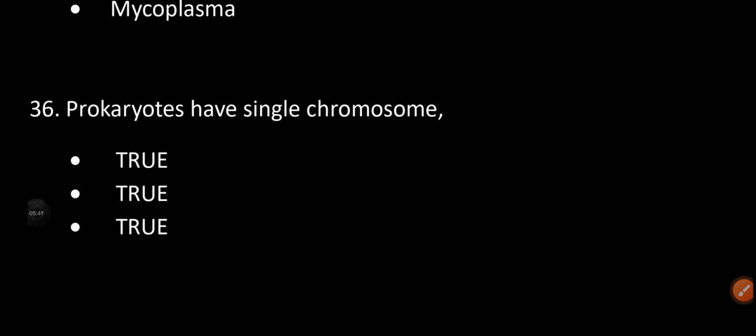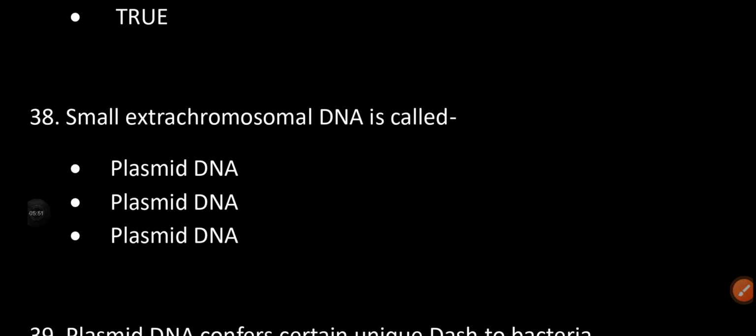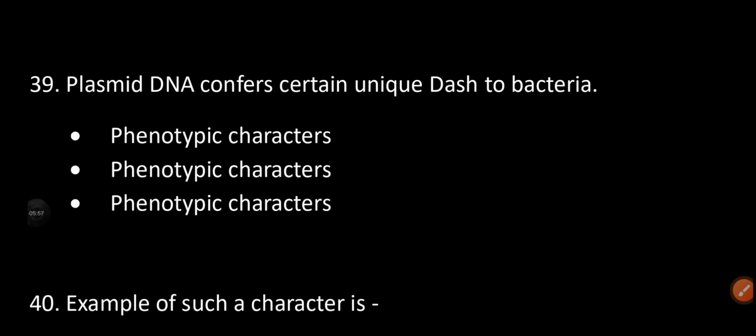True. Prokaryotes have circular DNA. True. Small extrachromosomal DNA is called plasmid DNA. Plasmid DNA confers certain unique phenotypic characters to bacteria.